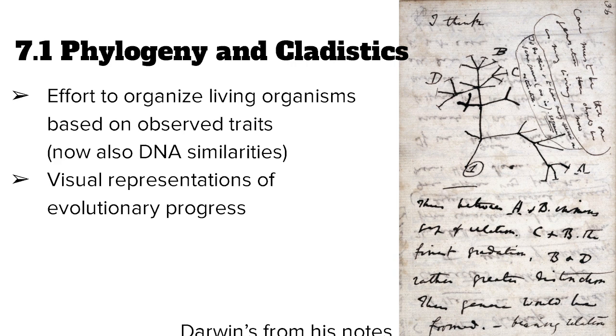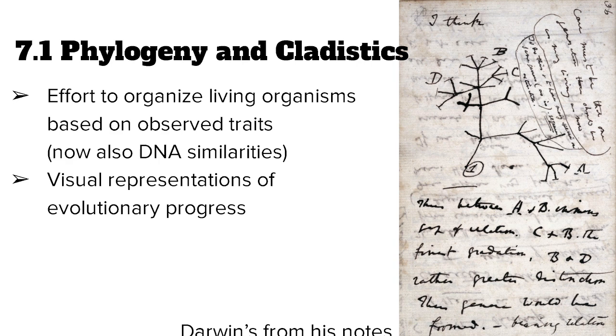Right? They both focus on trying to categorize living things into groups, even way back in Darwin's studies on the Beagle. We've got this sketch here. It's actually from one of Darwin's notebooks that he had with him at the Galapagos Islands. And you see this branching relatedness shown here.